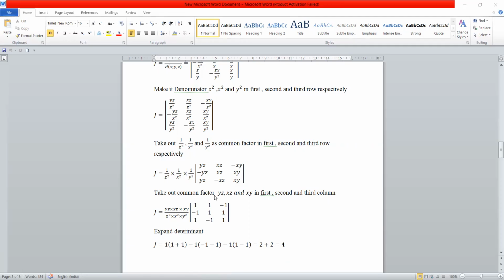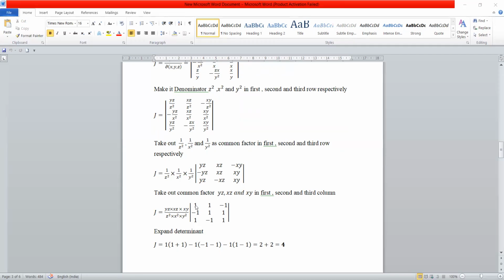Take out the common factors yz, xz, xy in the first, second, and third column. Okay. So after taking this, now y into y square, this y square cancels, z into z square, this z square cancels, x into x square, x square, so it is cancelled.